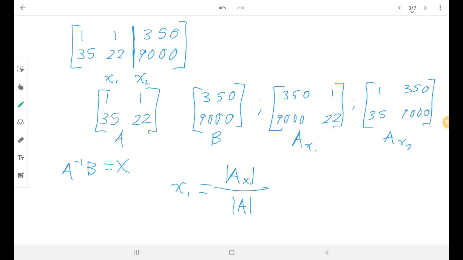So the determinant of A sub x1 over the determinant of A will give you x sub 1, and then x sub 2 will be the determinant of A sub x2 over the determinant of A.